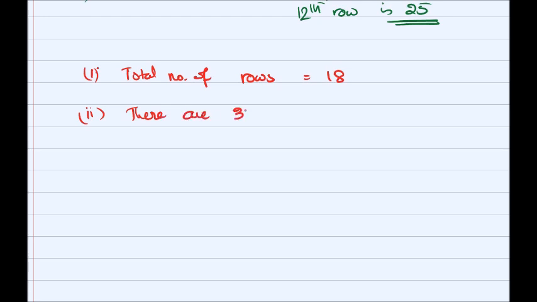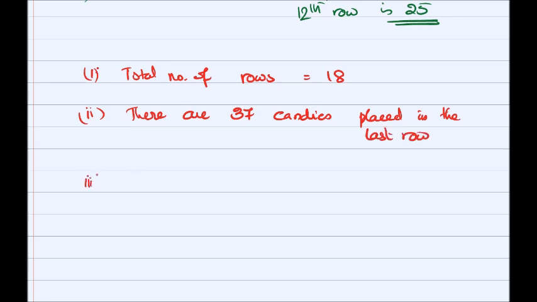Hence we can conclude the final answers as follows. Total number of rows is equal to 18. Second question, there are 37 candies placed in the last row.